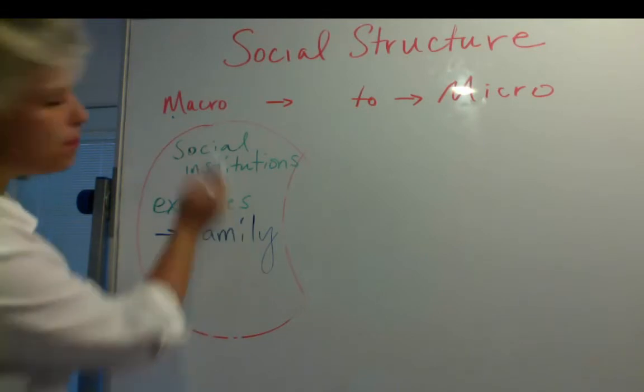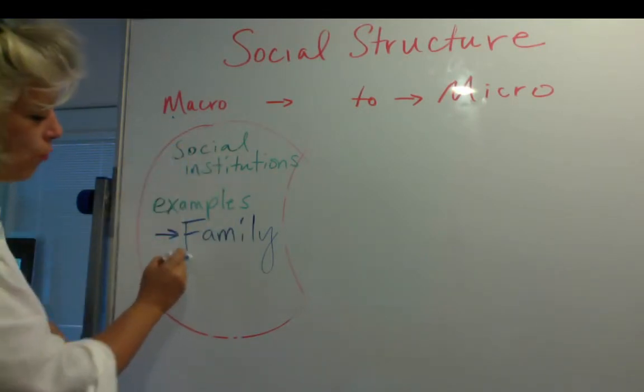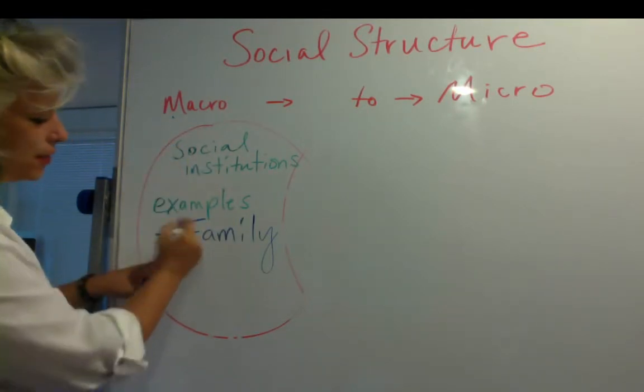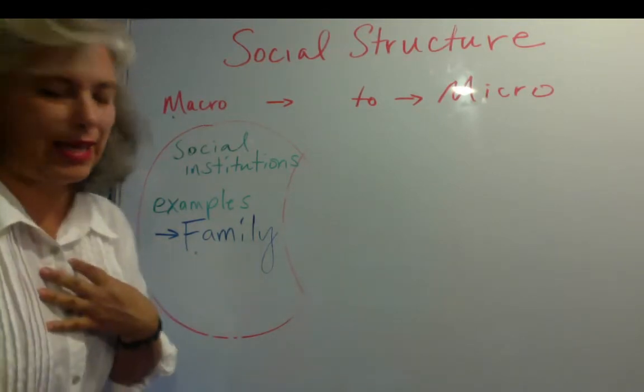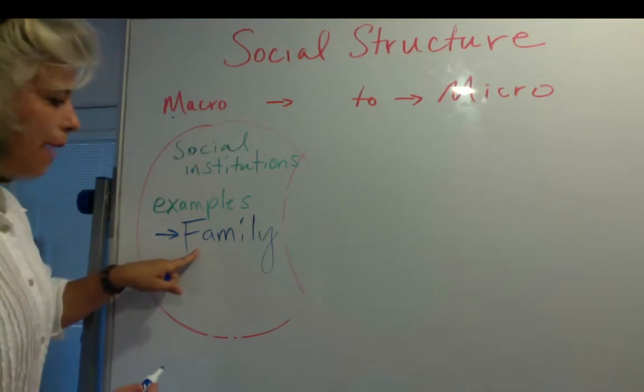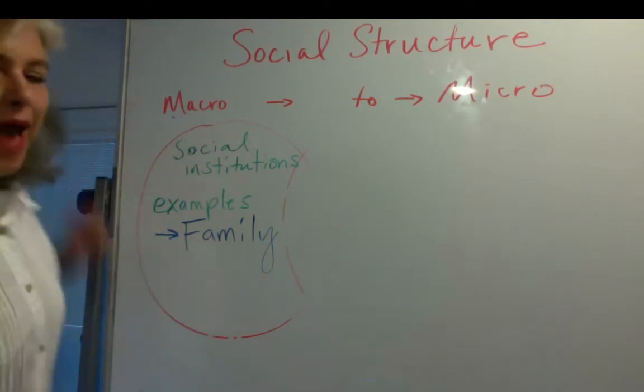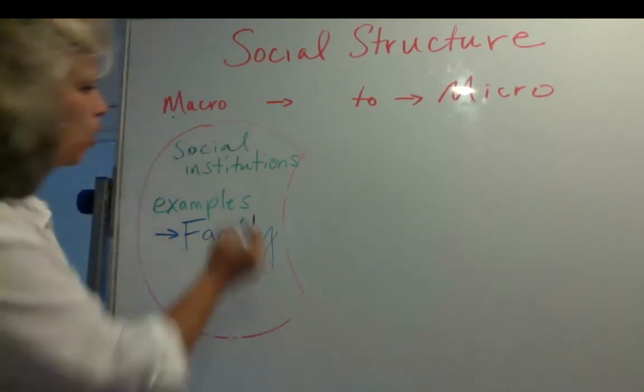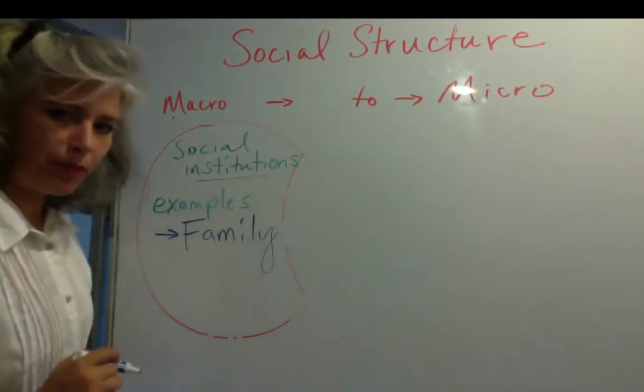Look at this, I'm on the macro scale side of this board and I'm writing family. I typically do a capital F, it's just a Mrs. T thing. I typically do a capital F just to remind myself, hey, I'm talking about family as a macro scale concept, or in other words, a social institution.